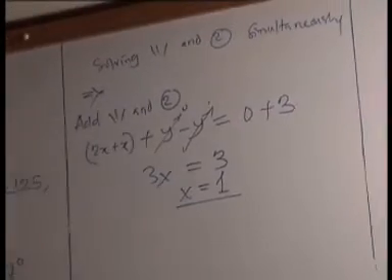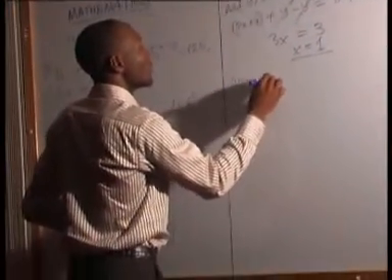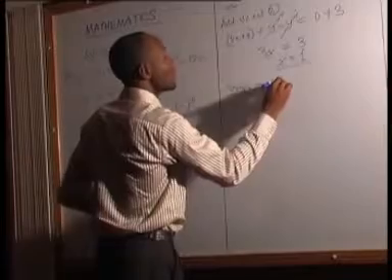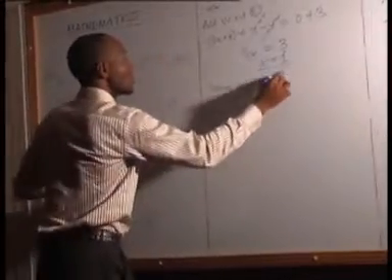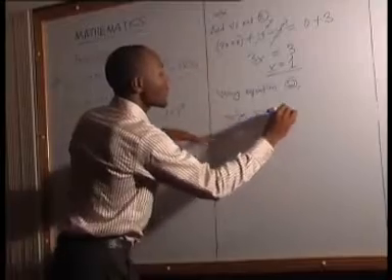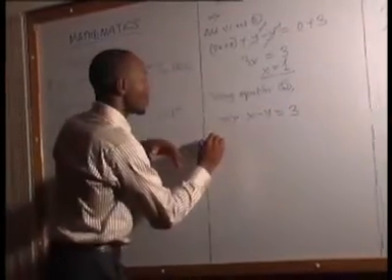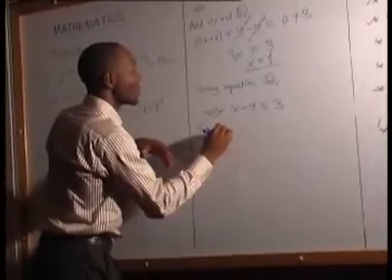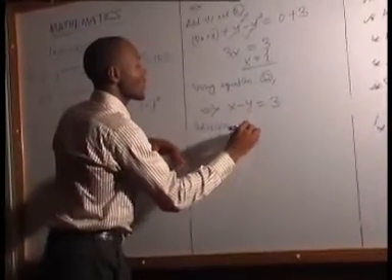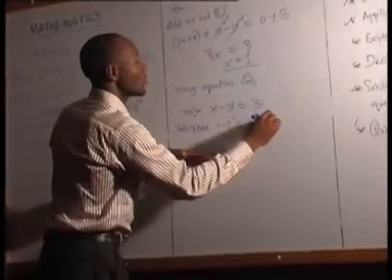Then let's try to get y. You can use either equation, but let's pick the simple one, equation 2. From equation 2, we know that x minus y is 3. So you now substitute x equals 1 in equation 2.